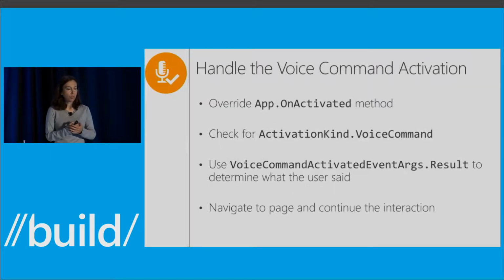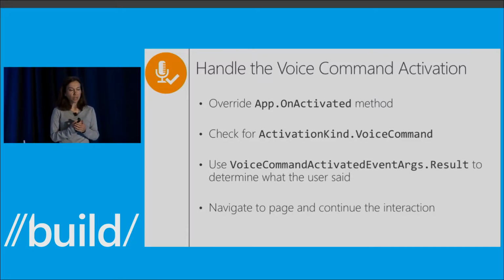The last step is to handle the voice command activation. To do that, you need to override the OnActivated method on the application object. And keep in mind that OnActivated is called every time the application is launched with a contract. So if the application is launched from a tile or from a push notification or as a share target, or when it is launched from Cortana.